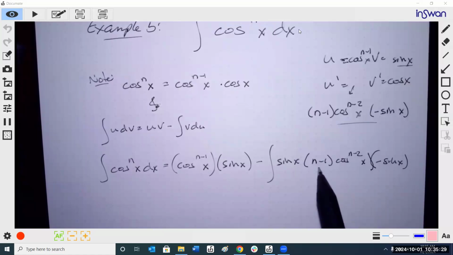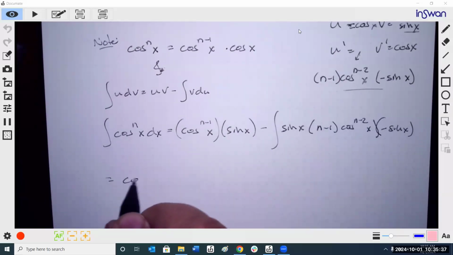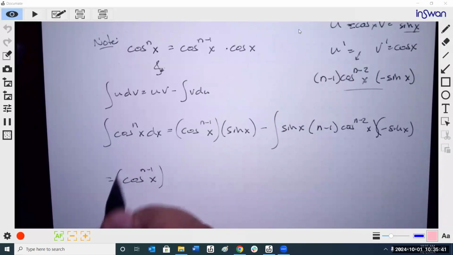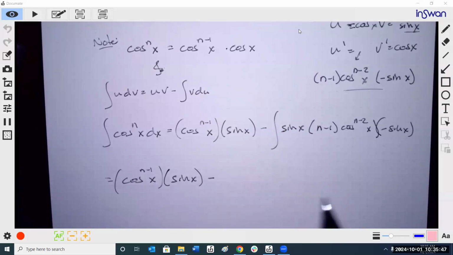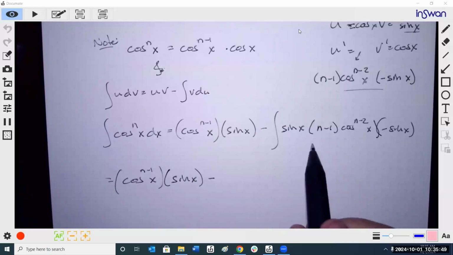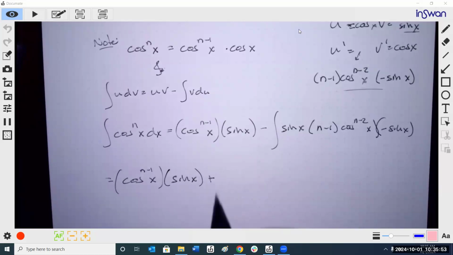So we have cosine n minus 1 x times sine x. What can this negative sign do? It changes, so it becomes a plus.